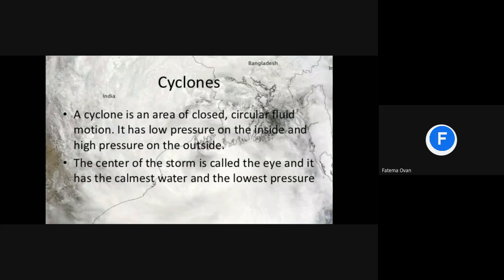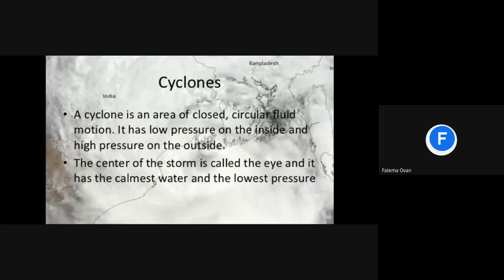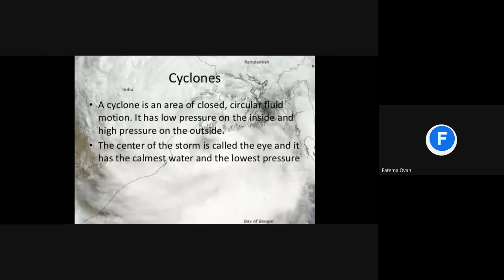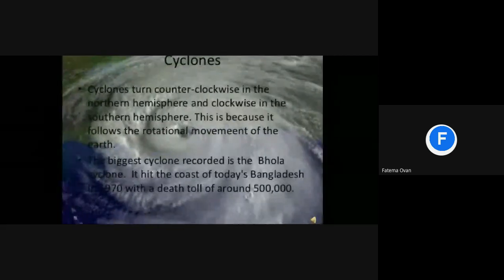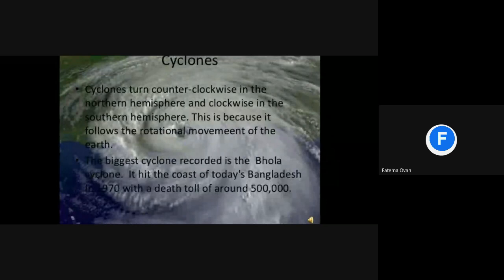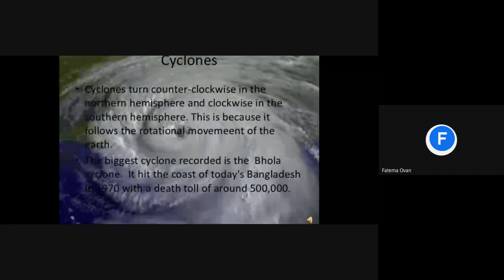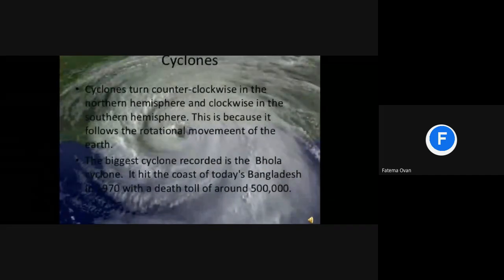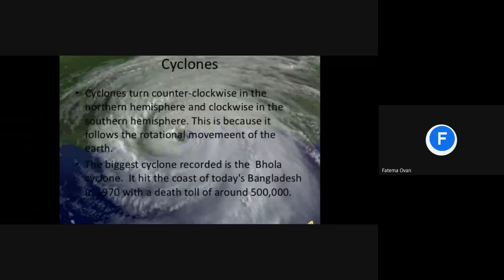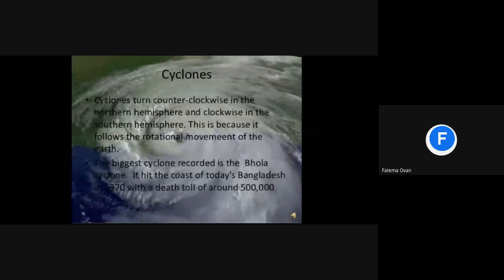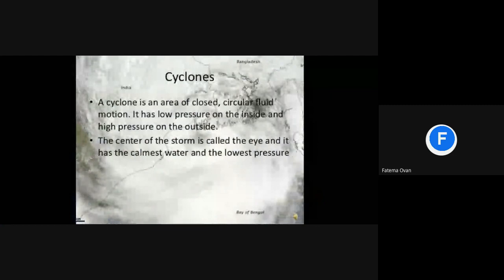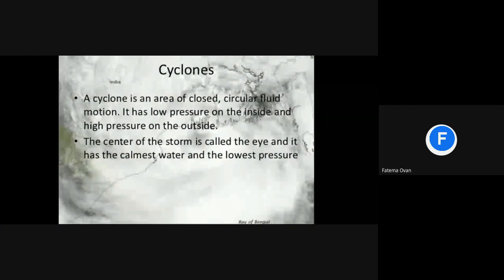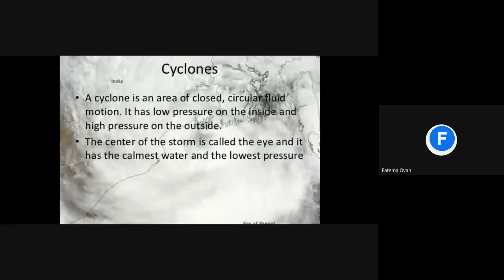It starts slowly with the lowest pressure, and then moves counterclockwise in the northern hemisphere and clockwise in the southern hemisphere, following the rotational movement of the earth. Due to this, the cyclone happens. Got it? We will read the first and second points of the cyclone.